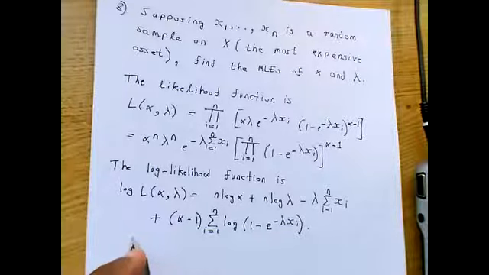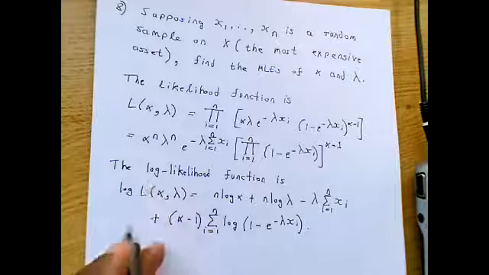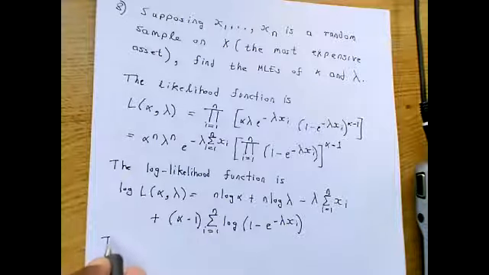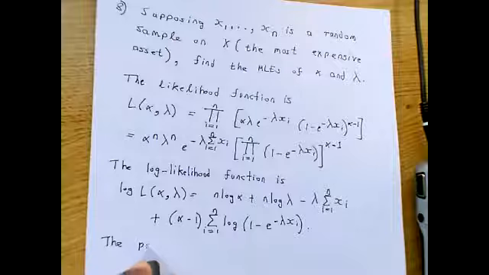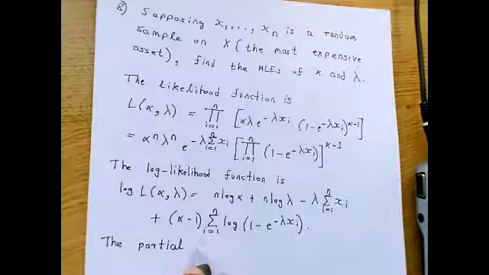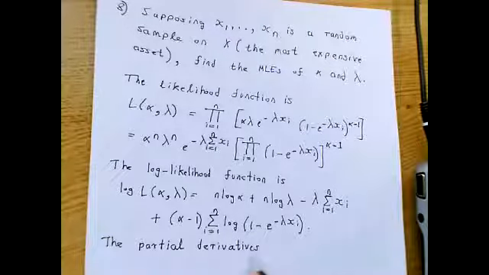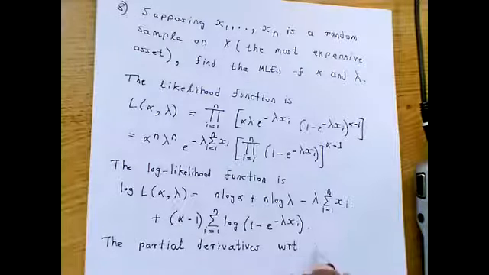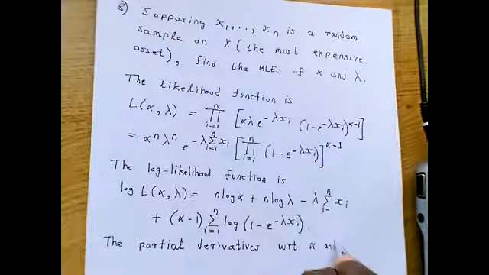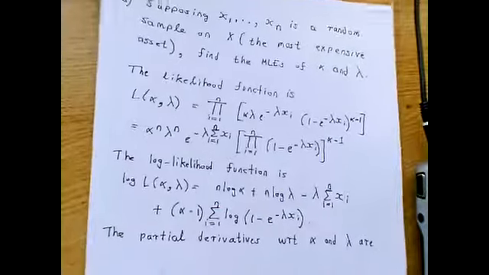And the next thing to do is to take the partial derivatives with respect to the two parameters alpha and lambda. So that's what I'm going to do. So the partial derivatives with respect to alpha and lambda are.